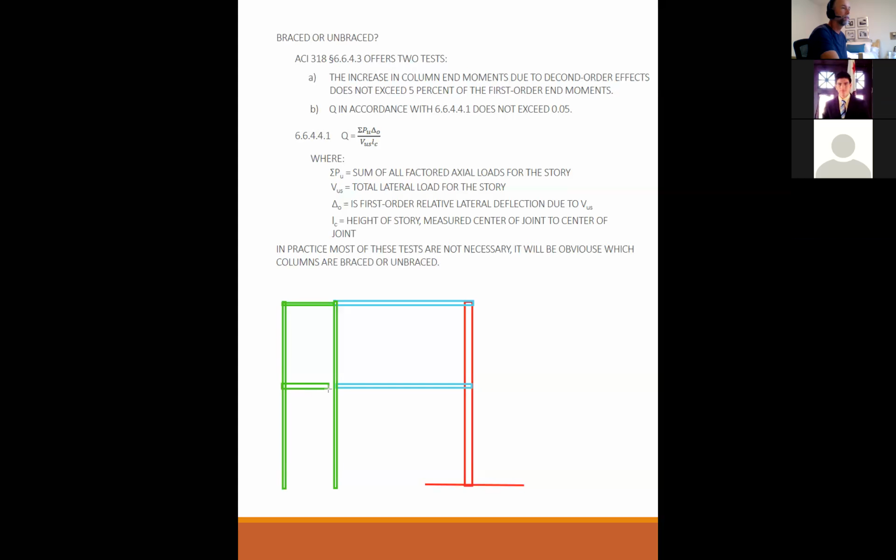And maybe these are rods, tie rods. Everybody went to high school, right?